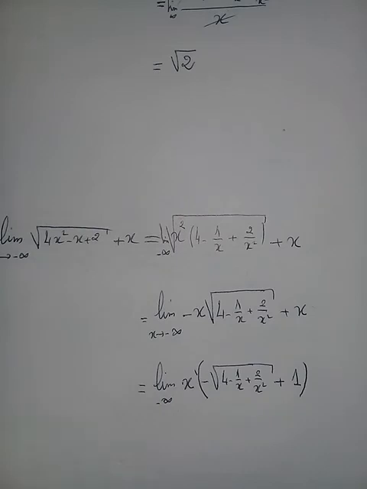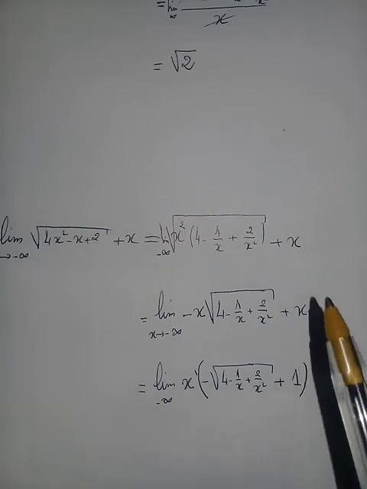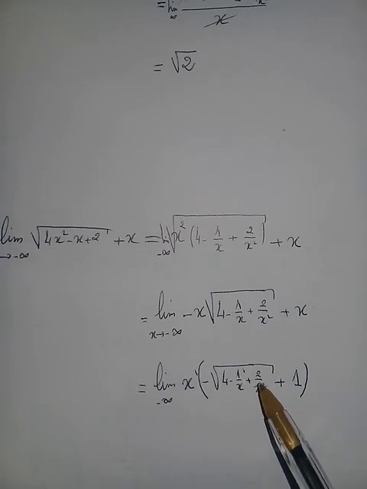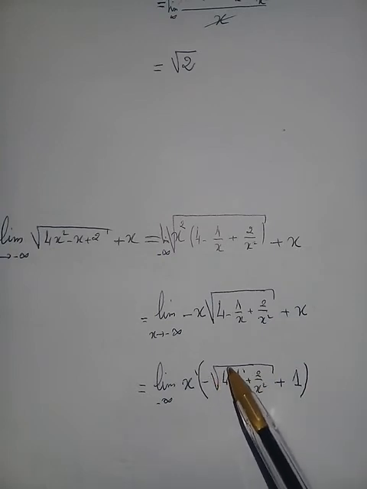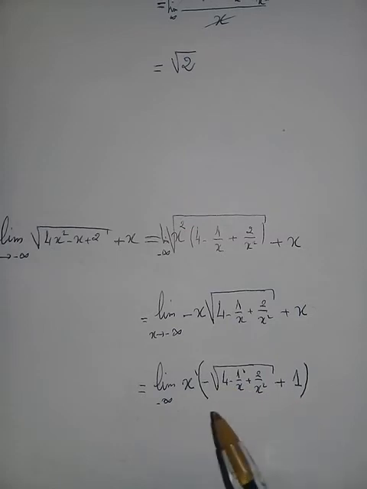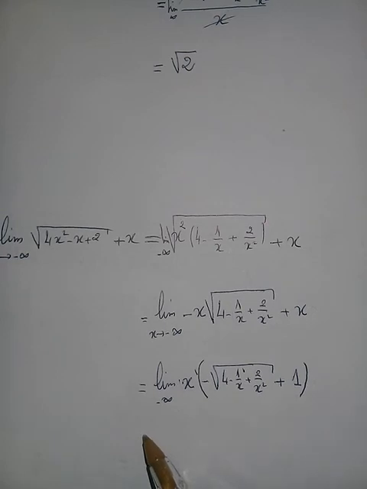Now I will have no problem plugging in minus infinity, because this goes to 0 and this goes to 0. The square root of 4 is 2, minus 2 plus 1 is minus 1, and the minus infinity here, so it's okay.